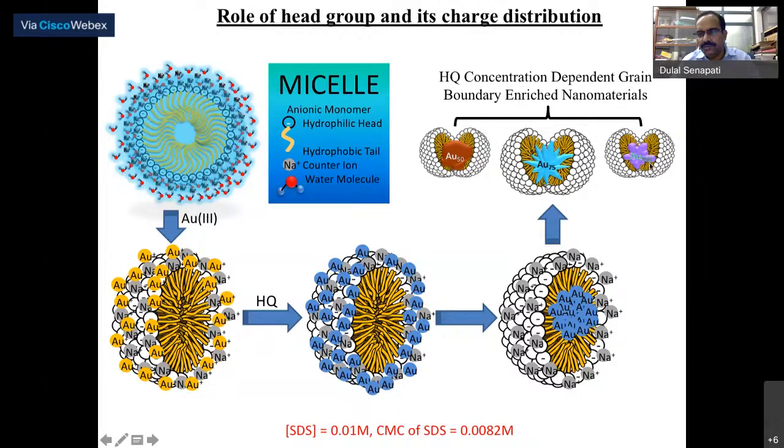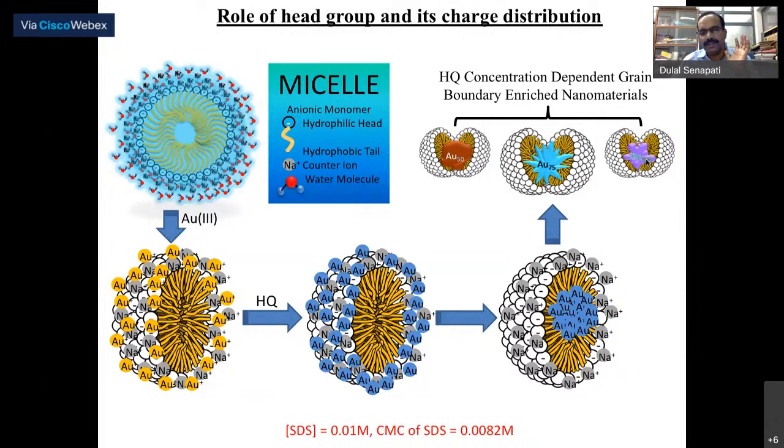When we use much more, like 150 microliter, it gives an overgrown star. So by simply using different amounts of hydroquinone, we can vary the pH, and this variation changes the shape of the core of the micelle, which governs the shape of the generated nanoparticle.